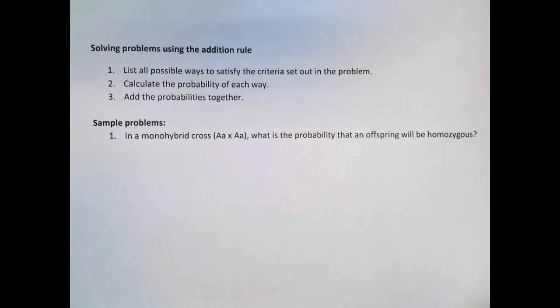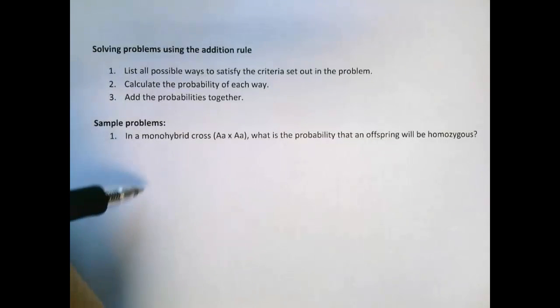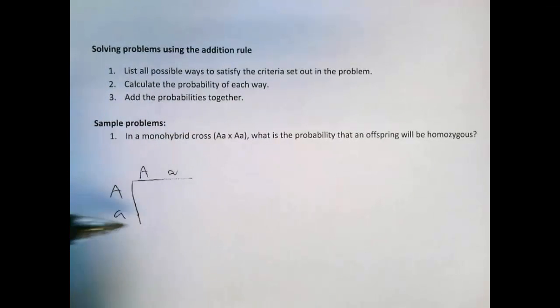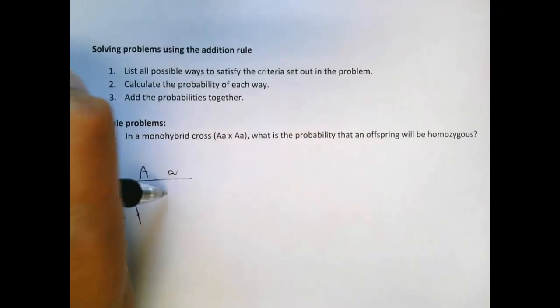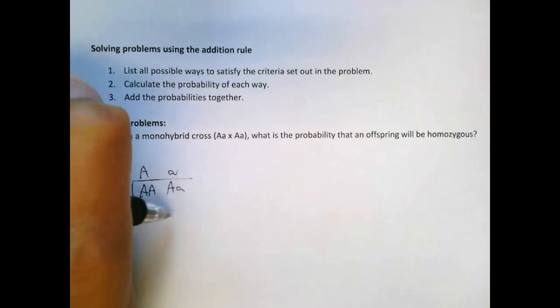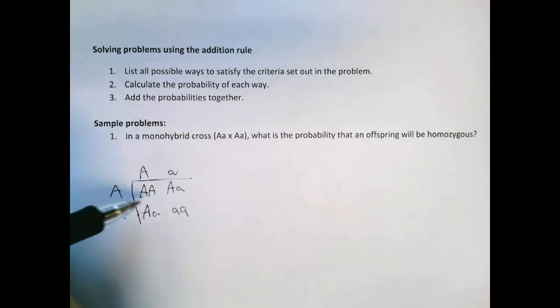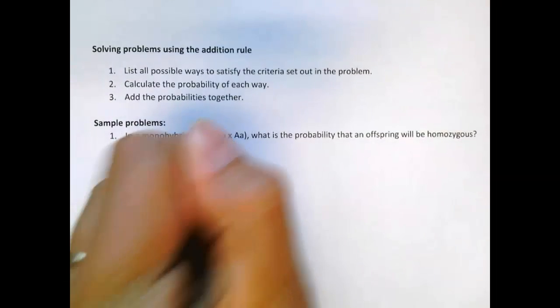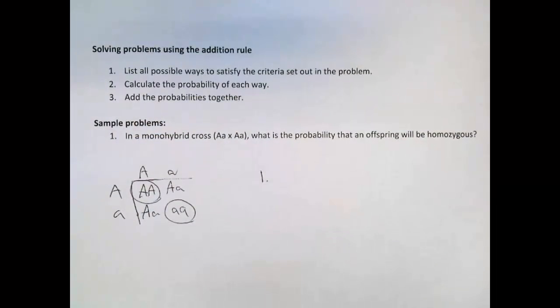So the first question here is very simple, and we should be able to answer this with no trouble, just logically. In a monohybrid cross between 2 heterozygotes, what's the probability that an offspring will be homozygous? We know that there are actually 2 ways that you can satisfy this criteria, right here and right here. And so we're going to use these 3 steps. First of all, we're going to list the ways to satisfy those criteria.